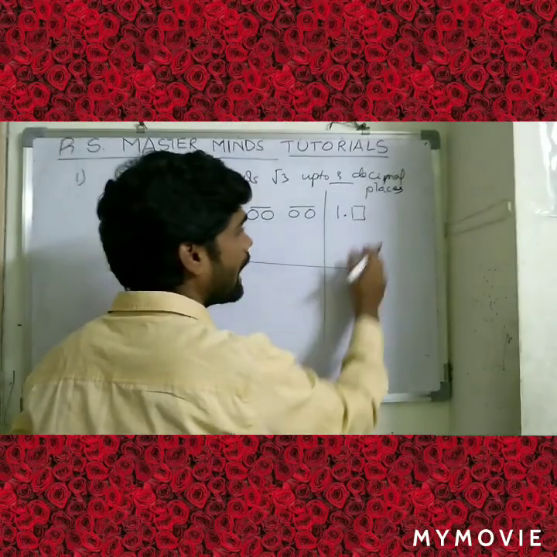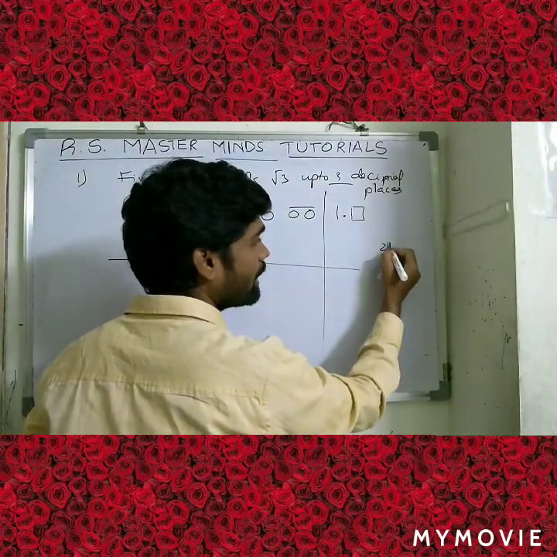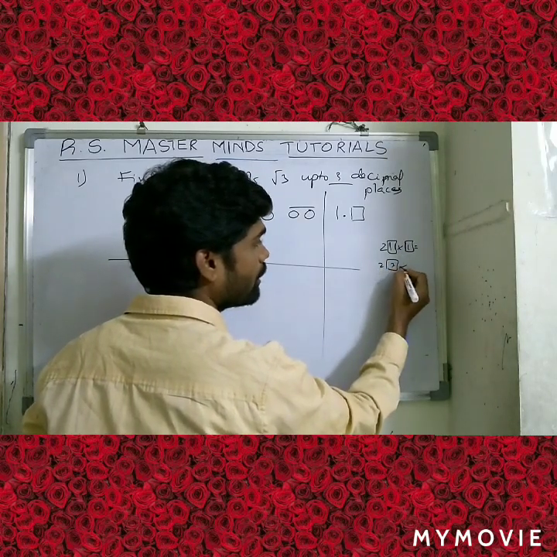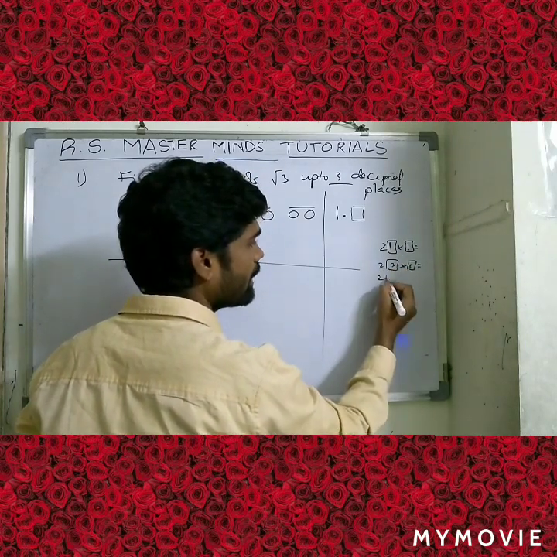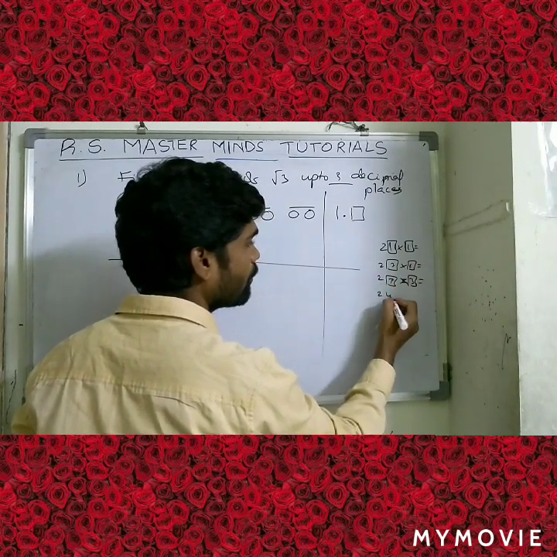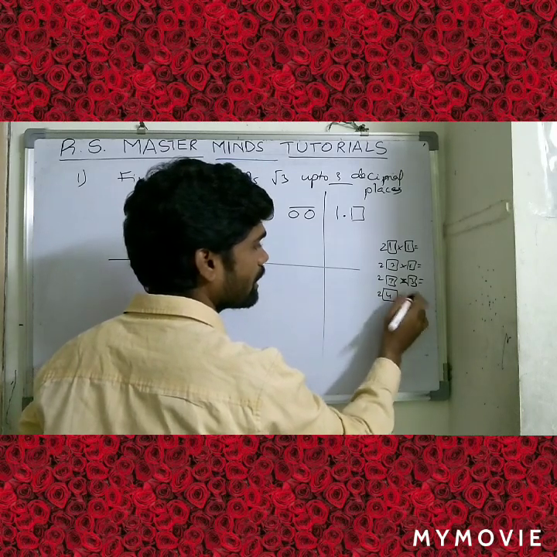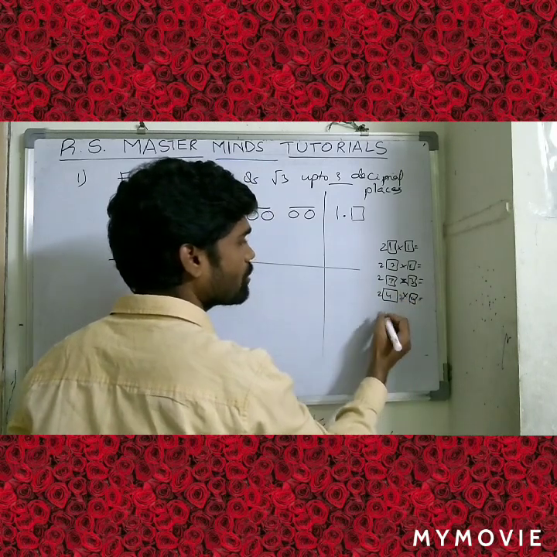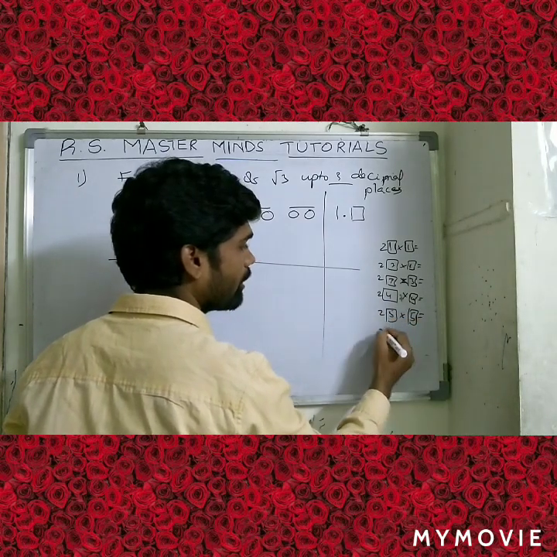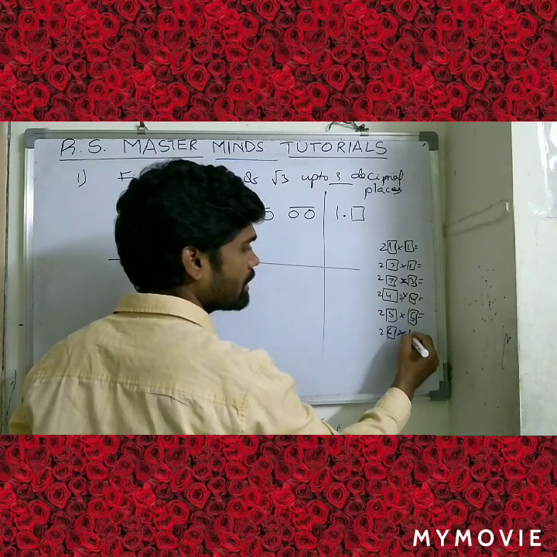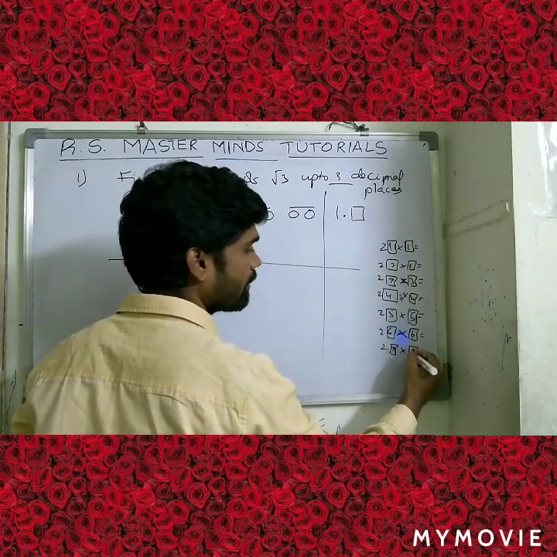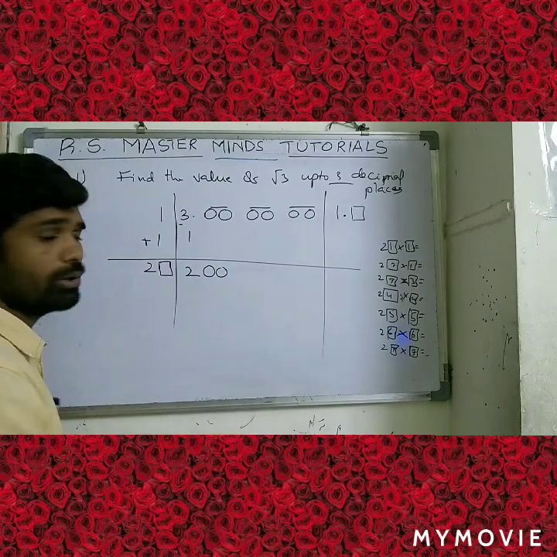So let us find the nearest value: 21 into 1, 22 into 2, 23 into 3, 24 into 4, 25 into 5, 26 into 6 and 27 into 7. Like this we can take it.